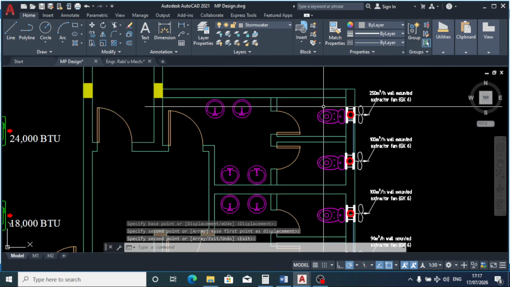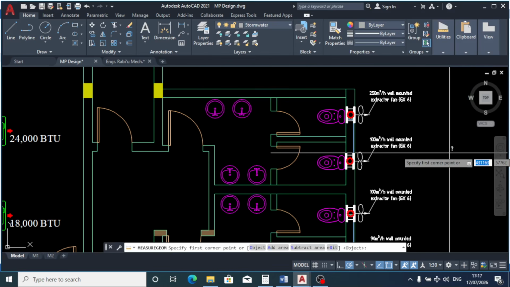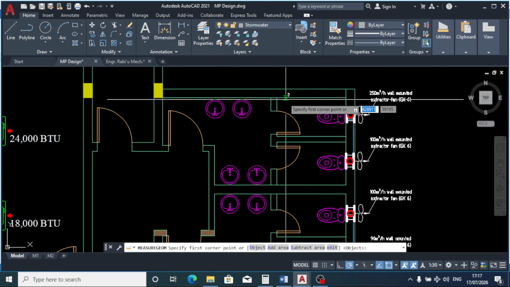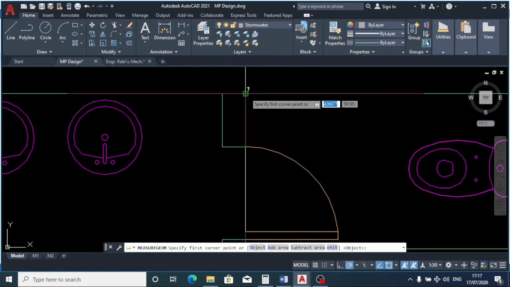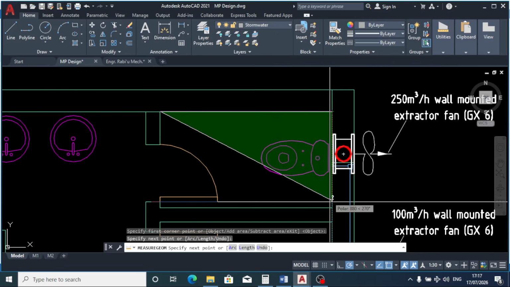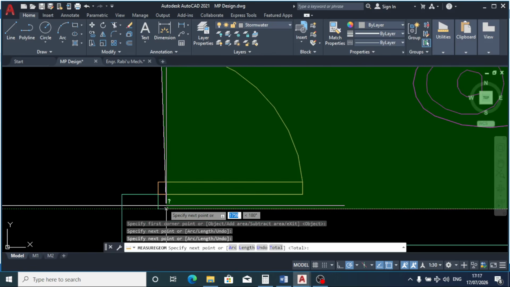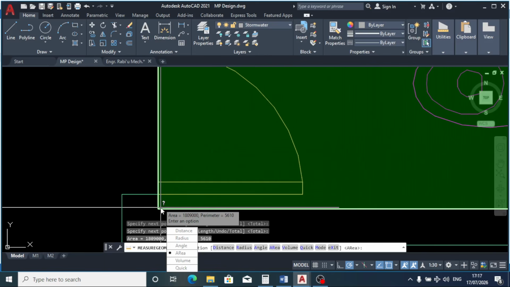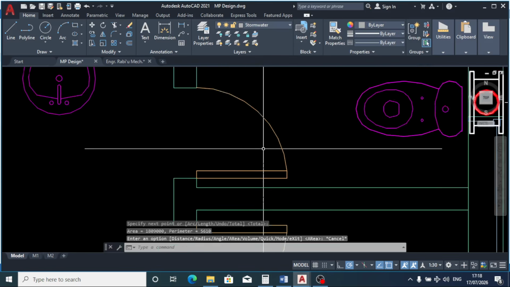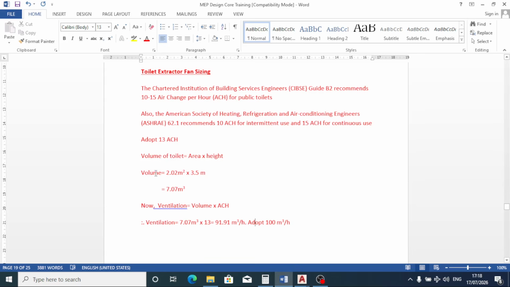Now the last toilet on this floor, we have 1.8. We can say 1.81. So back to our calculation.